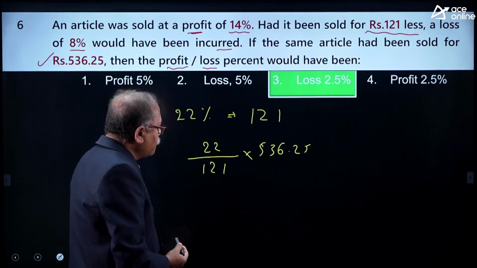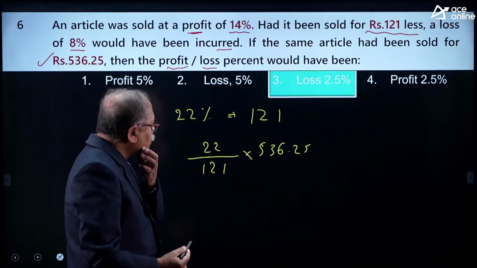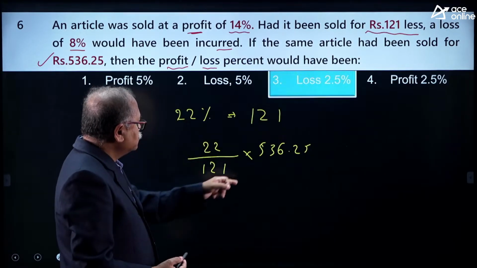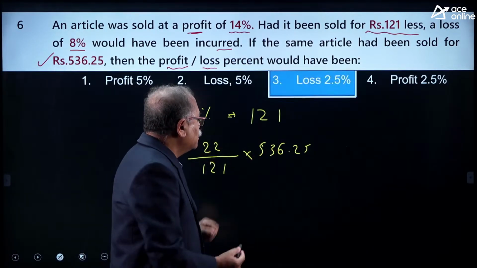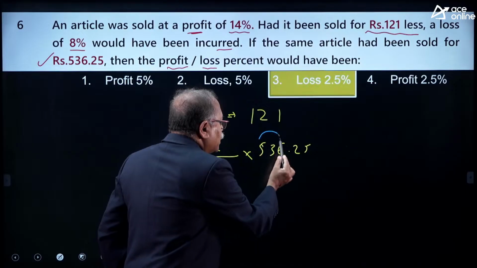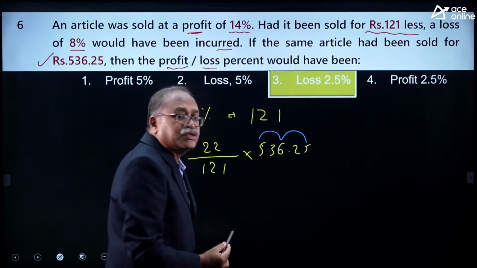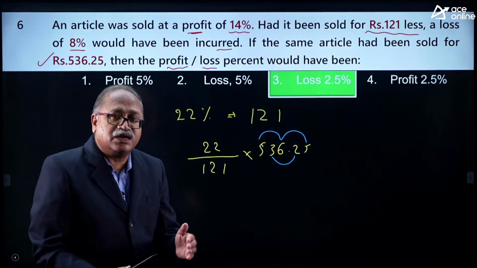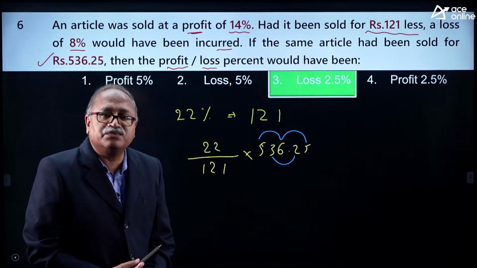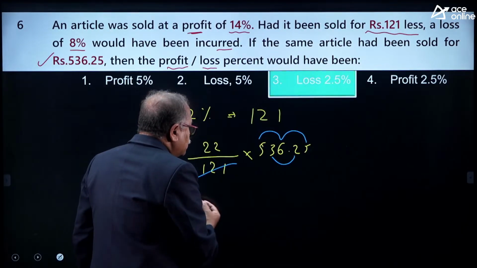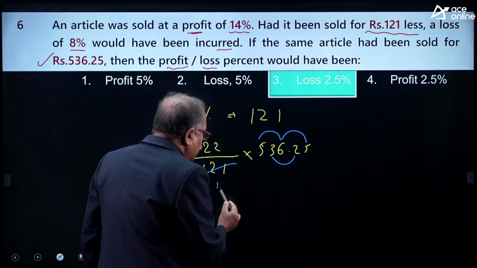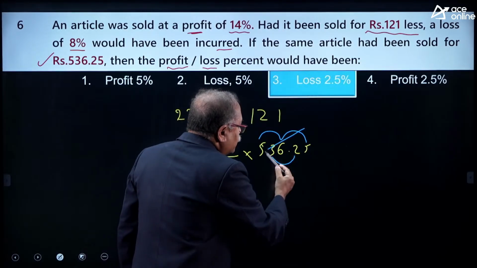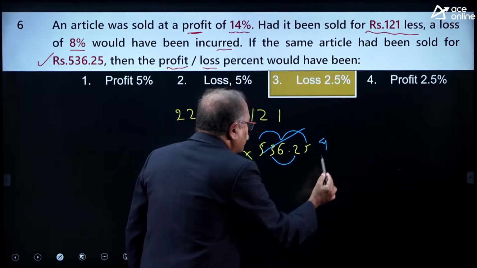Okay, how do we cancel this? 5 plus 6, that is 16, and here it is 5. The difference is 11. Therefore, the number is divisible by 11. So, let us cancel this by 11: 11 times, and this one comes 4 times 44.